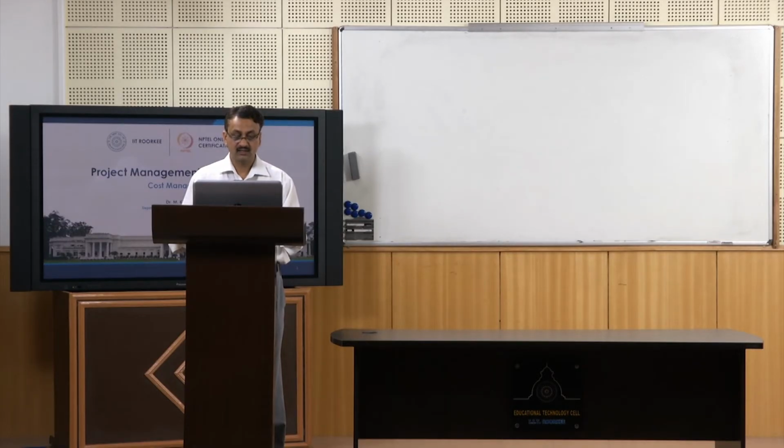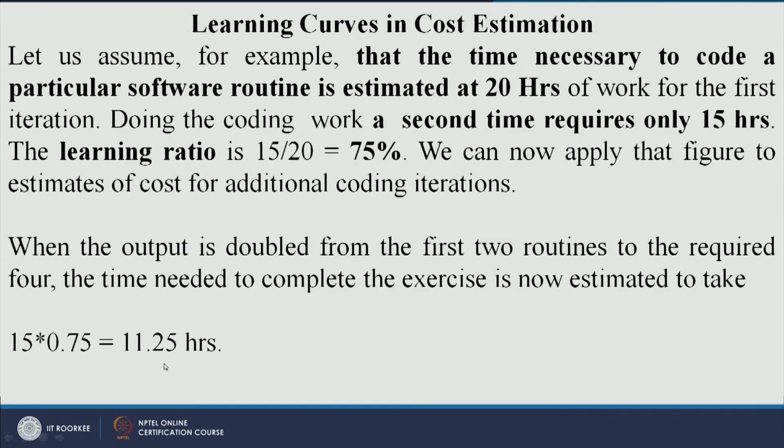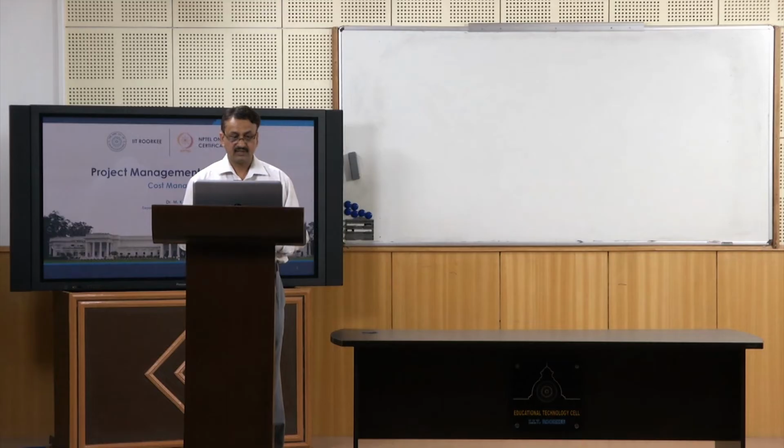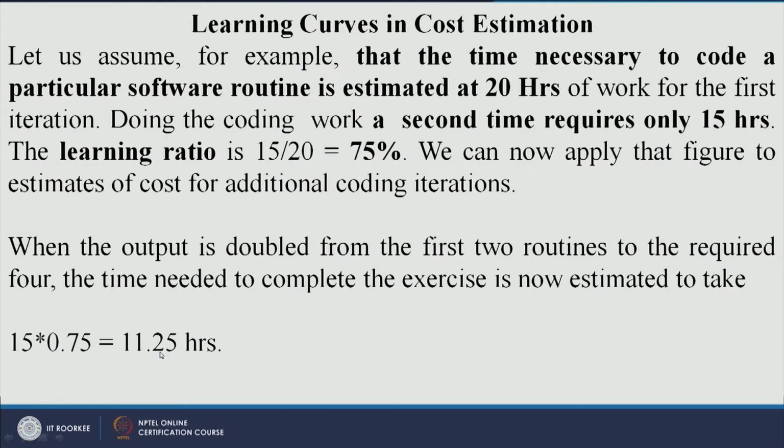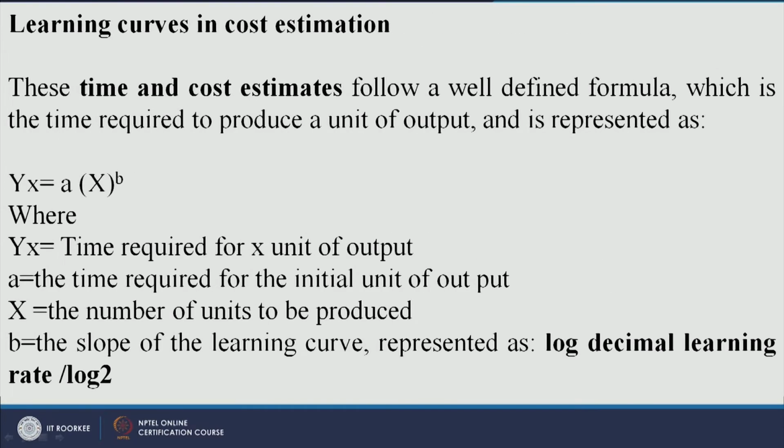So, this is 11.25 hours. Next time what would it be? Because you know the learning ratio is 0.75, just multiply 11.25 and 0.75, you will get the time for the next time when you are coding it. So, this is known as the learning curve.